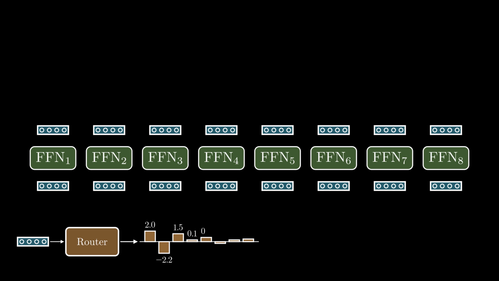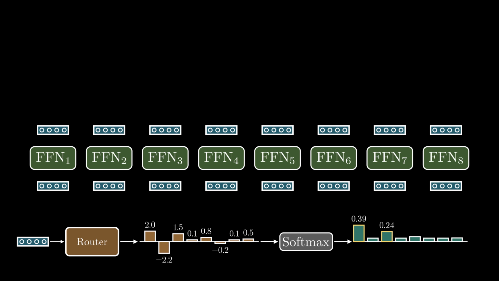But how do we decide which experts to activate for each token? A common approach is to use a trainable router network to predict one score for each expert. Here the router network predicts a vector of 8 logits. Applying a softmax to these scores converts them into a probability distribution over the experts.